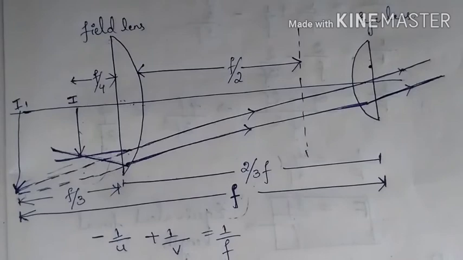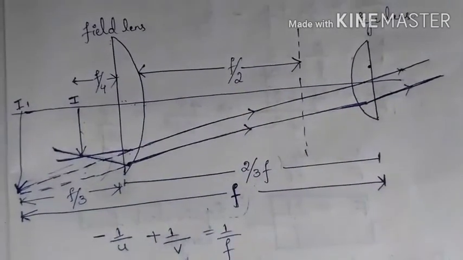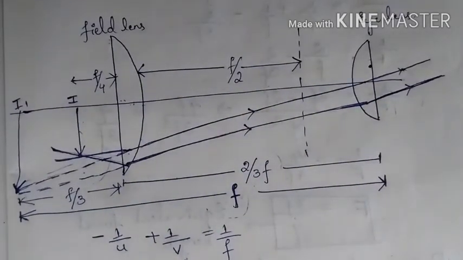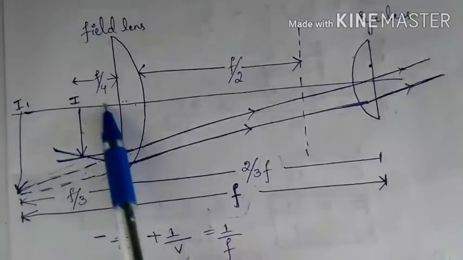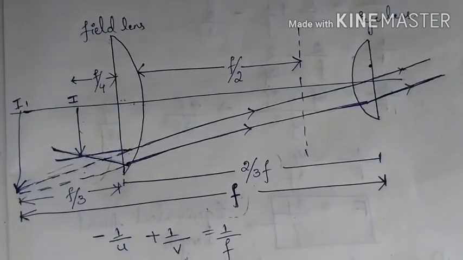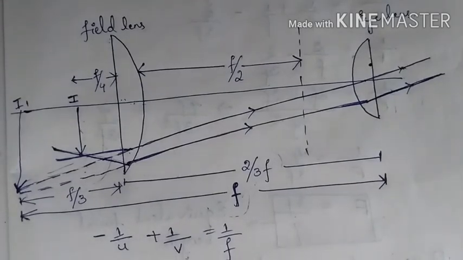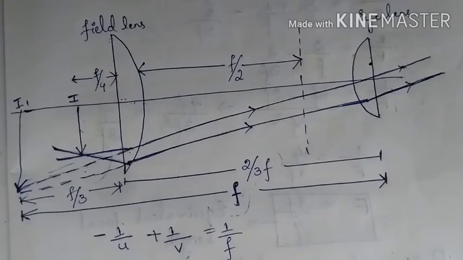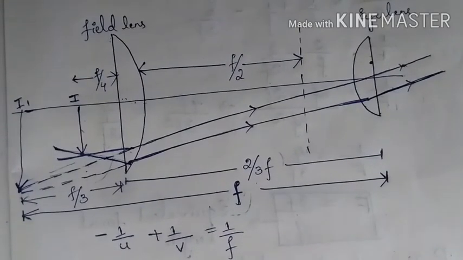And this eyepiece can also be called a positive eyepiece because it is magnifying the real image that is formed from the objective lens. So hence we can call this a positive eyepiece. So what does positive eyepiece mean? This eyepiece is magnifying the real image that is formed from the objective lens.